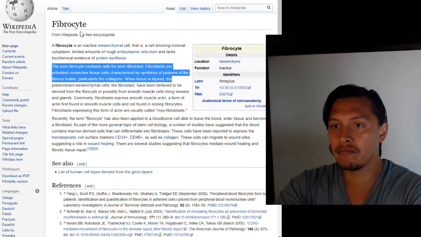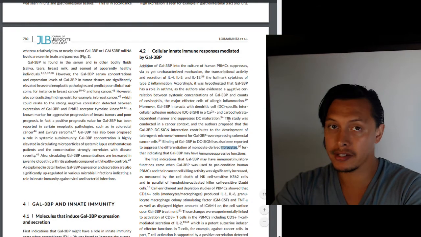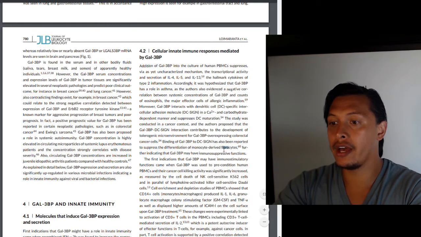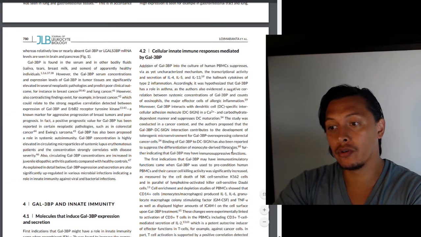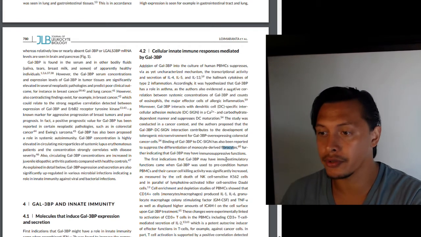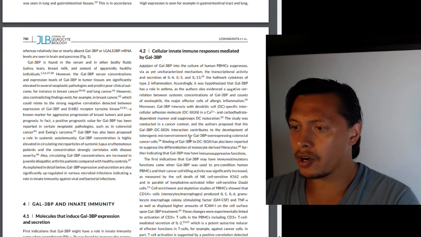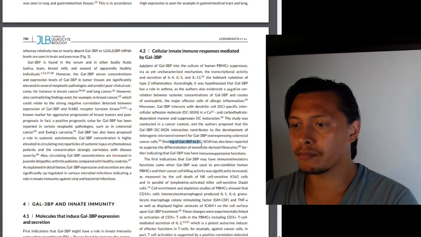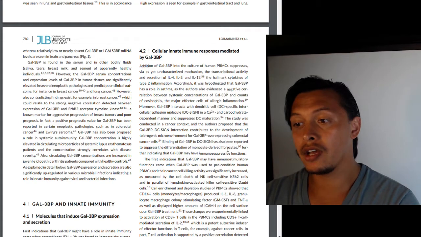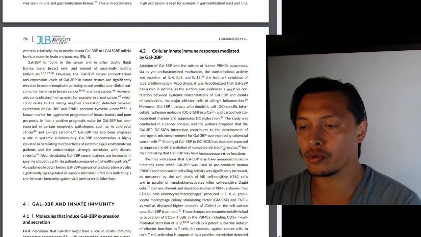So if you have more of these fibrocytes, which are differentiated from the monocytes, then you're going to have more of this fibrous matrix being produced, right? So this suppresses that differentiation, so you will have less of this fibrosis or less of this tissue remodeling.